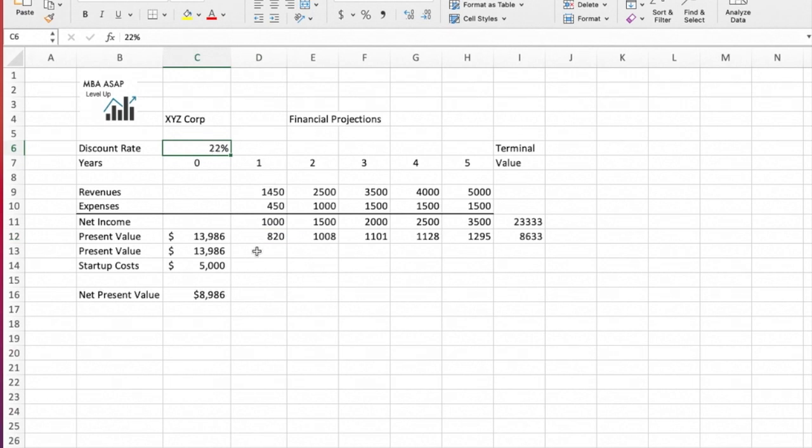So with those numbers in mind, I'm going to show you 2 different ways to calculate present value, right? And present value is basically the present value of this income stream. And then the net present value is that present value minus the costs. And so if that number is a positive number, well, then we're set. It's a good deal. If it's a negative number, then no, it's not worth doing.